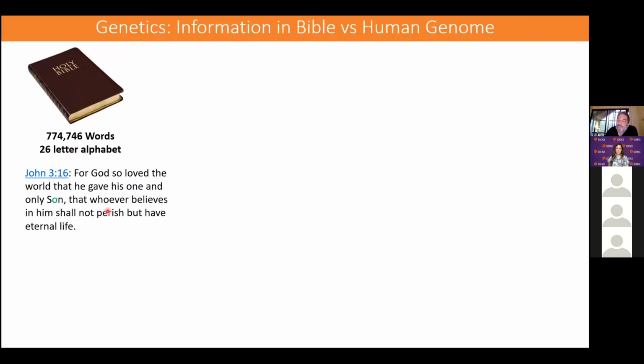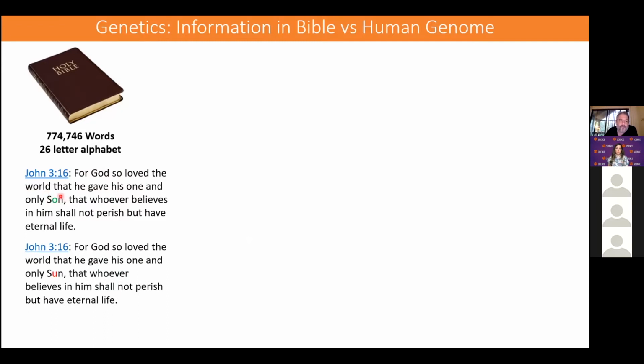Here's a passage from the Bible, and there's information if you read the passage. If you make a change in it, for example, SON could be turned, one change, a mutation, if you will, as we're talking about with DNA, goes from son to sun. So the meaning of this passage has changed.